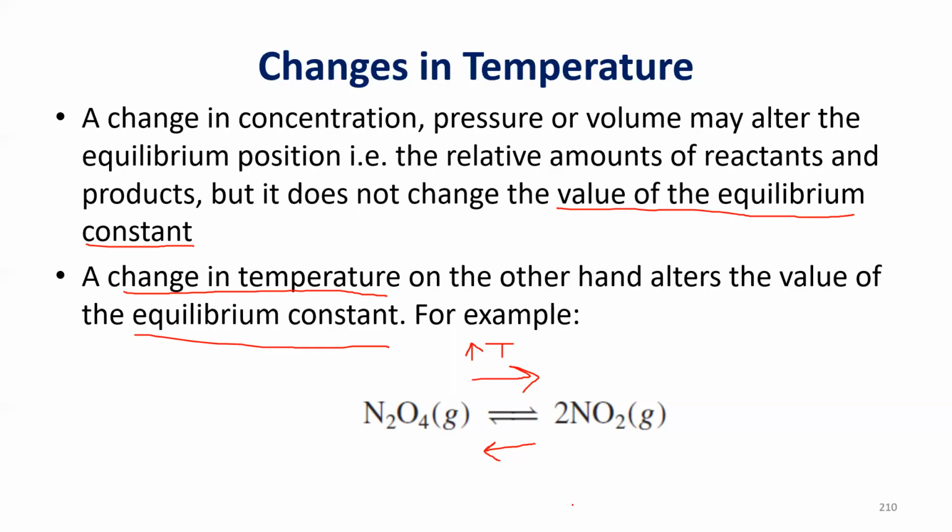Now, if you reduce the temperature, meaning you are removing heat, the system will need to move to restore that heat that has been removed. So it will favor the side that produces heat, which is now the reverse reaction. When you reduce the temperature, the reverse reaction, which is exothermic, will be favored.